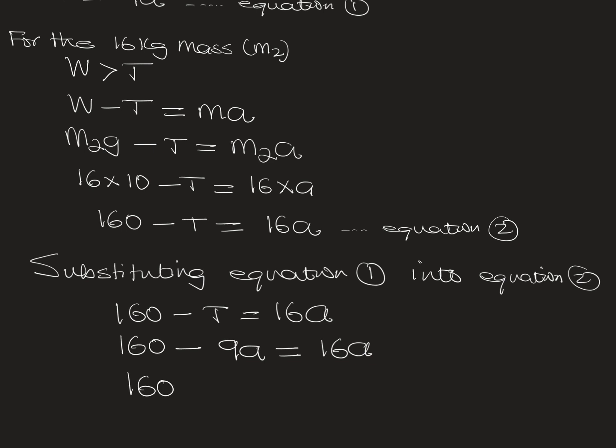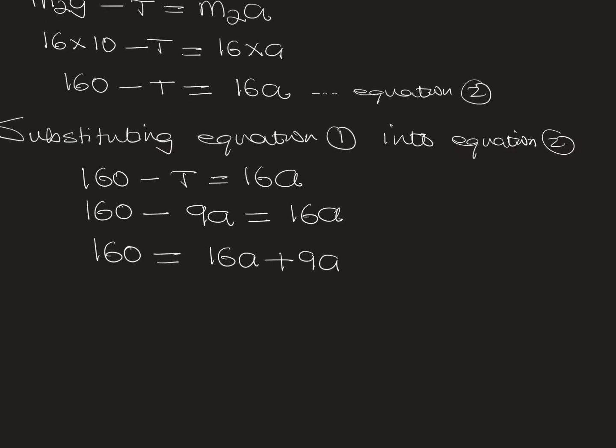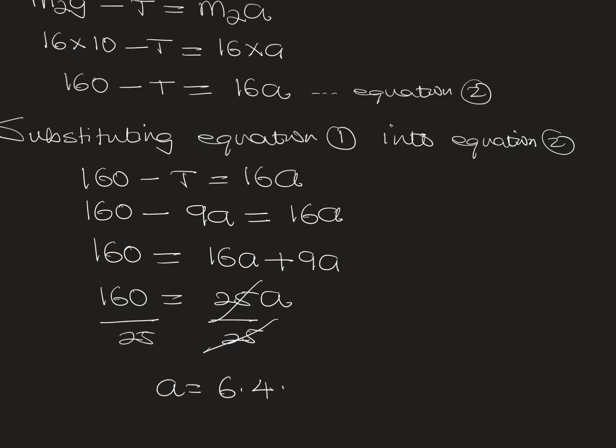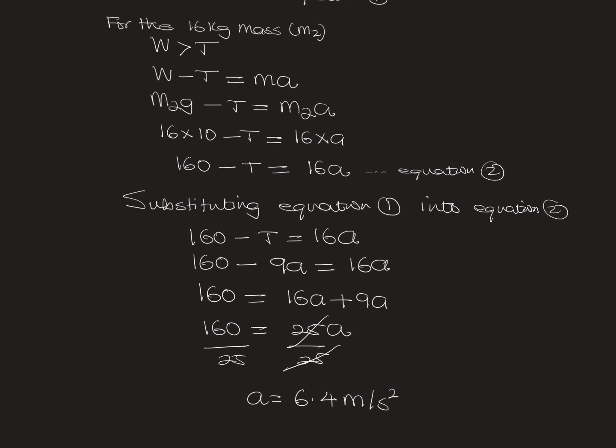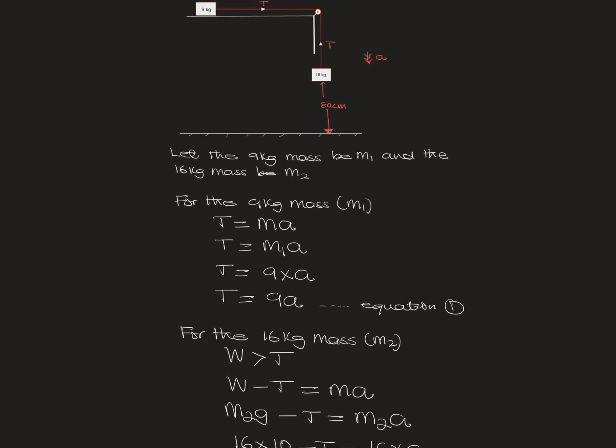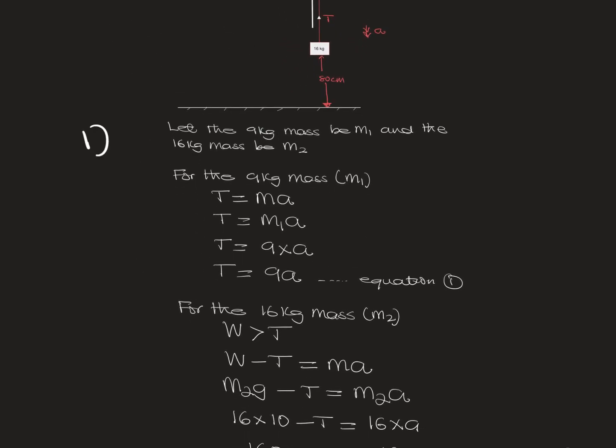So this will be 160 is equal to 16A plus 9A. 160 is equal to 25A. To find A, we divide both sides by 25. Then A is equal to 6.4 meters per second squared. This answers the first question.